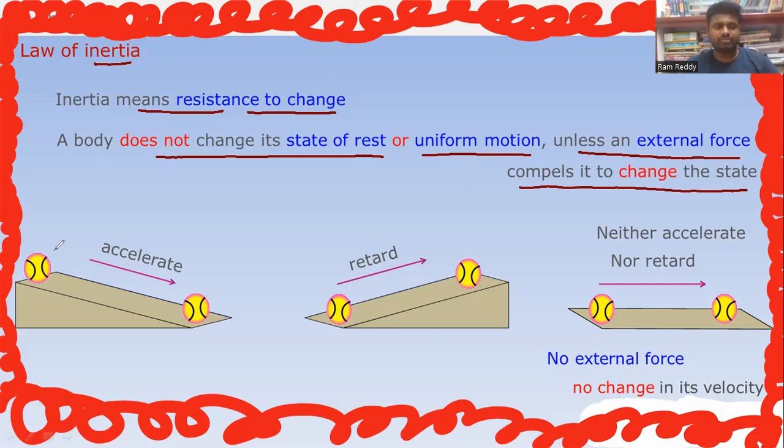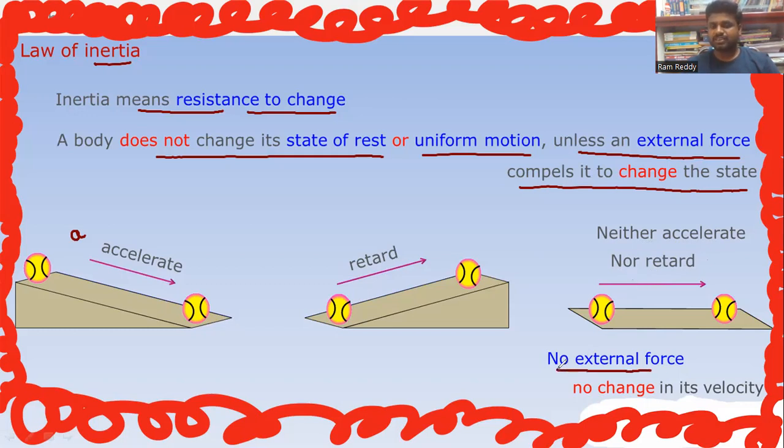Now if we observe one example, we place a ball on an inclined plane, so it is coming down with some acceleration. Now in order to move up here, the ball will gain some retardation, meaning it won't move right up, it will be at rest only. And in this third example also, if you observe, it neither accelerates nor retards. It will be at rest unless an external force is applied on the body.